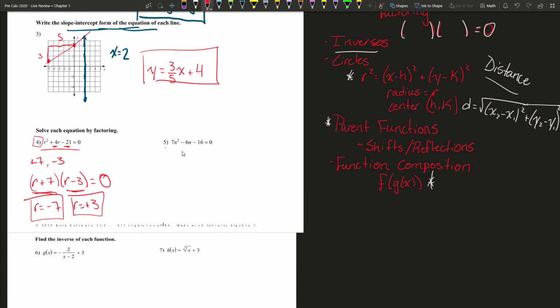Number 5, a little bit trickier, because our leading coefficient isn't 1. So we will definitely have a 7n and an n, but then we still need factors of 16.